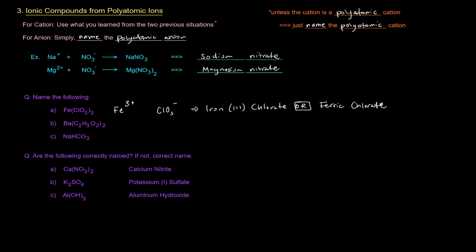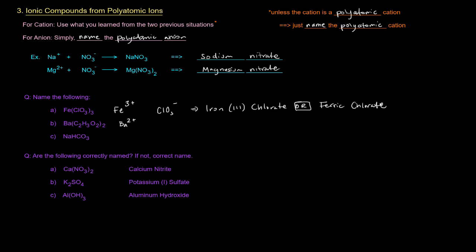All right, next one, Ba(C2H3O2)2, and there's 2 of those. I know that Ba is barium, and barium always has a +2 charge, right? And that's where this came from. So Ba2+, and then I have the C2H3O2.